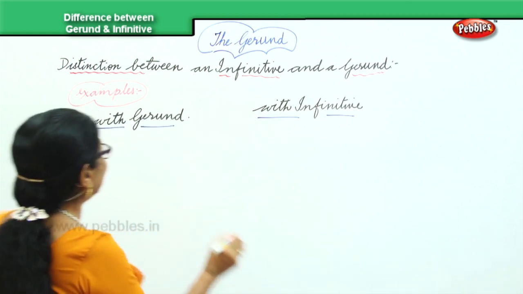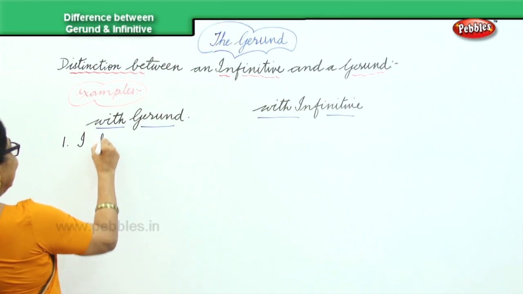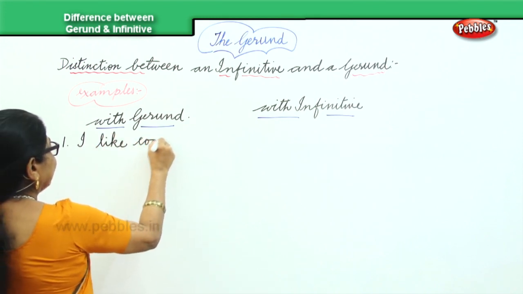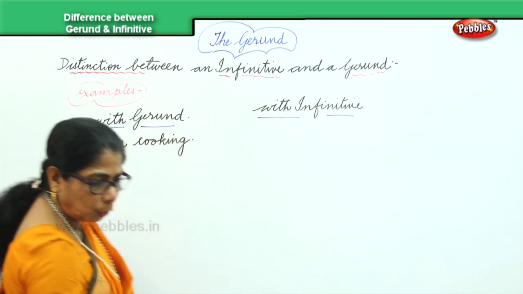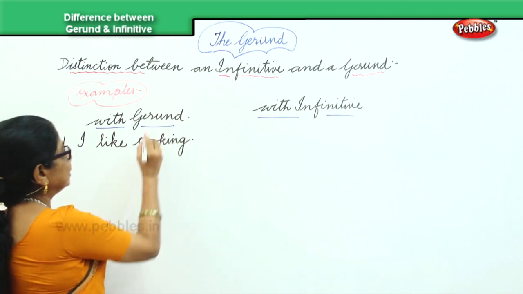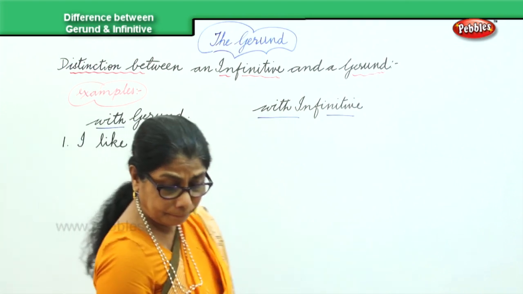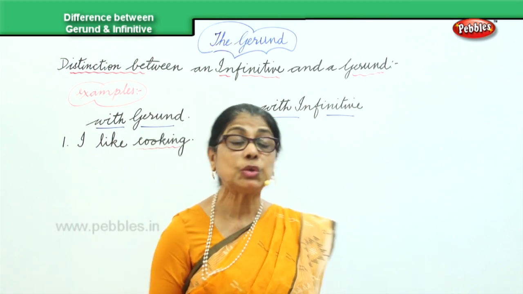First, I like cooking. When you say I like cooking, the gerund is cooking. In a gerund we use ing, but in the case of an infinitive, we add to the verb.